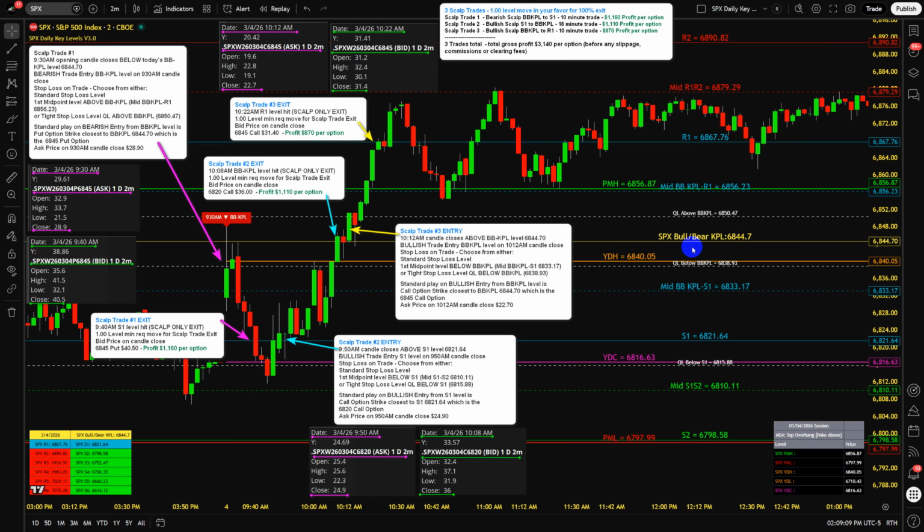And then if price happens to move outside R2 or S2, then you would simply go over to the price axis and scroll out to continue following price action through the other levels.